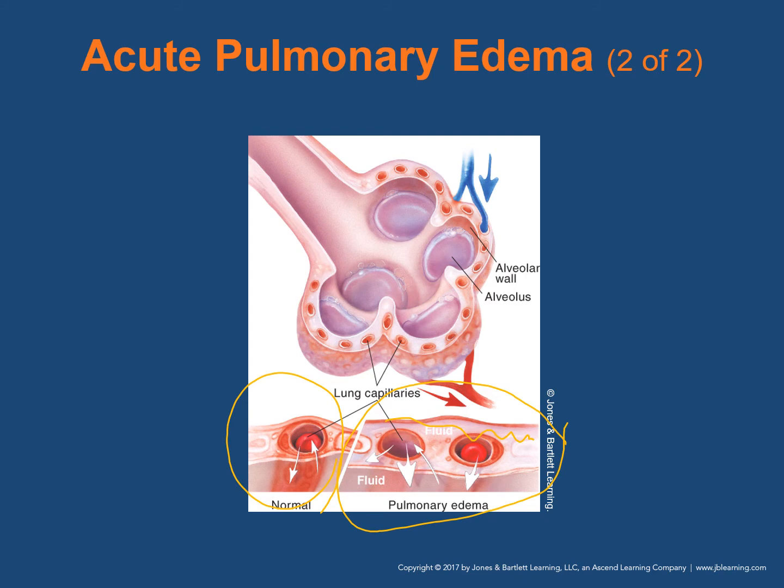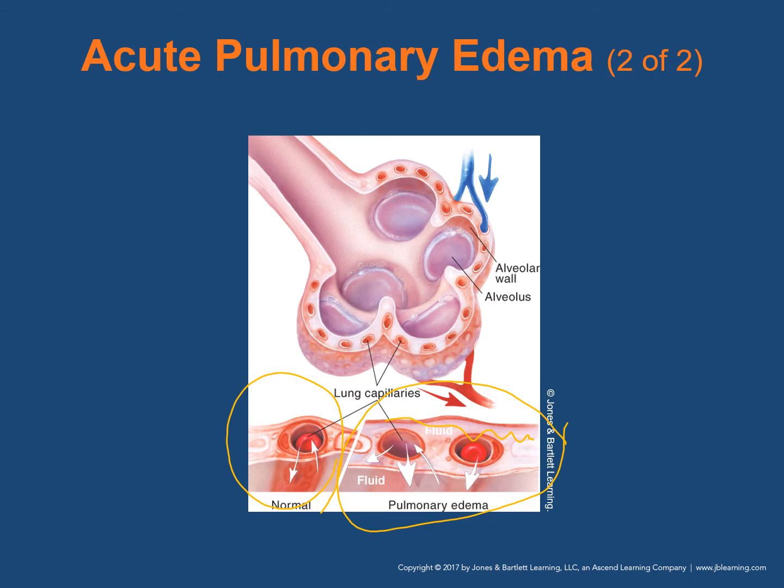And basically these folks feel like they're drowning, so they're anxious, maybe altered, have horrible sounding lungs, and might be hypertensive. So we need to try to maintain their oxygen saturations and maintain their airway.